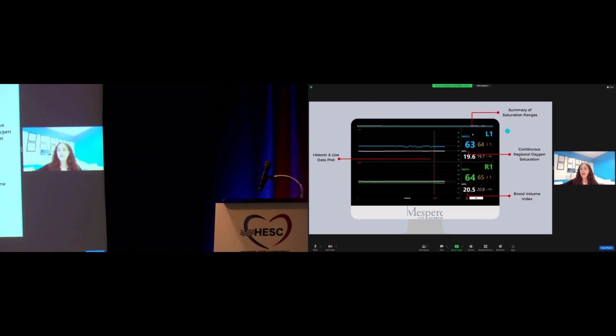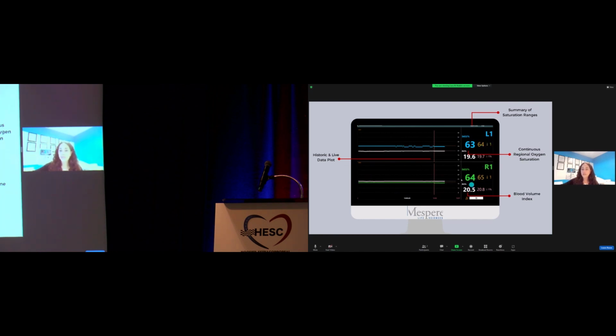We also over here have our continuous regional oxygenation saturation, so that's our live value, whereas over here we have our baseline reading, and automatically we have our variation from baseline calculated to show either an increase or a decrease denoted by the upward or downward arrow.